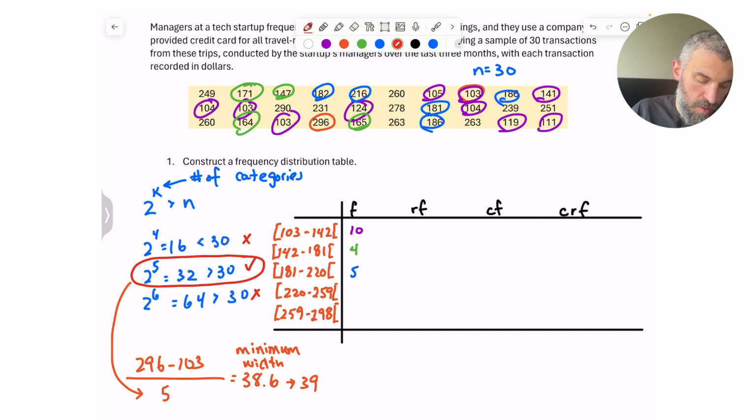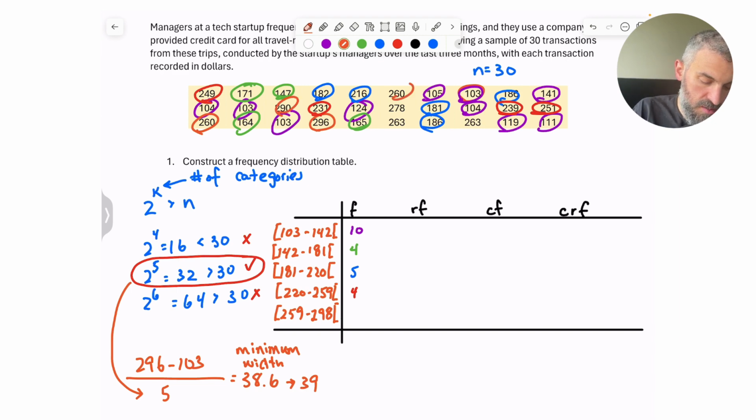Okay. 220 to 259. 1, 2, 3, 4. So 4. And I'll use orange. So the rest should all fall into this one.